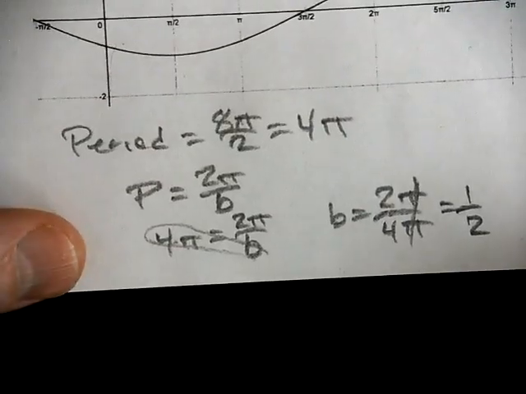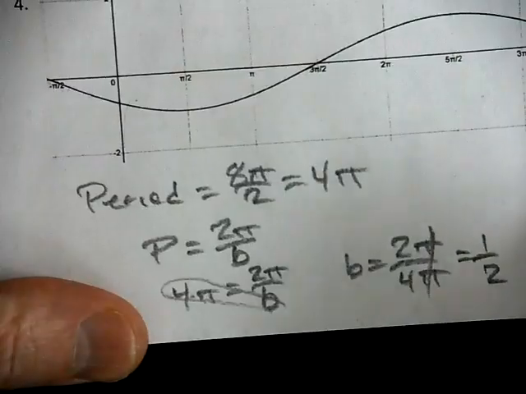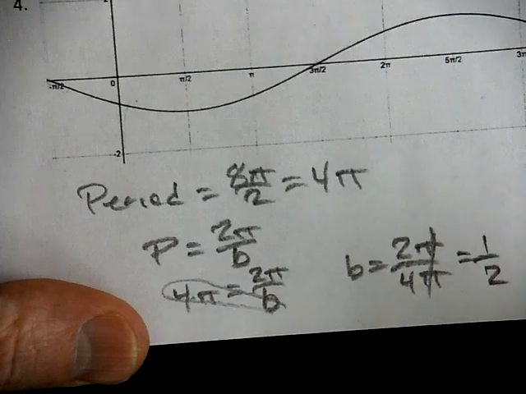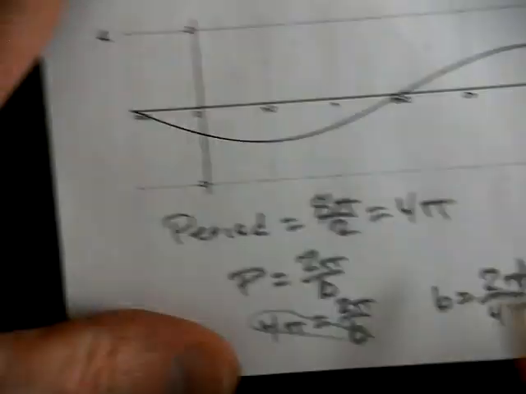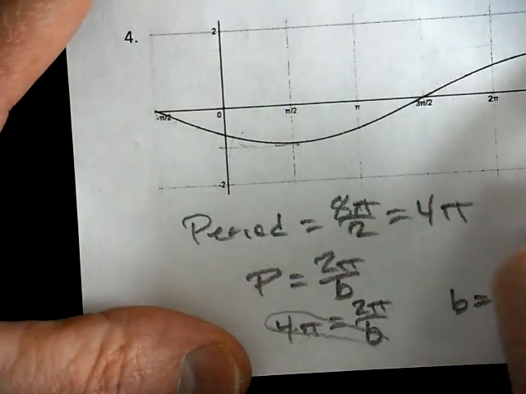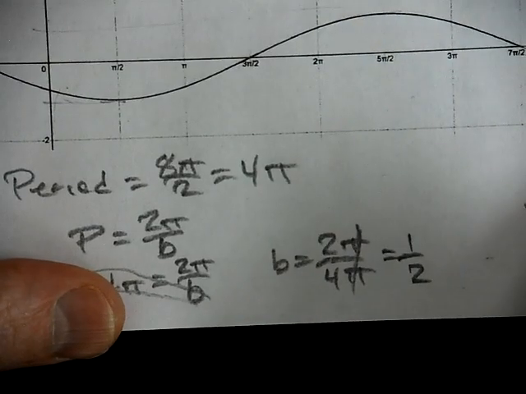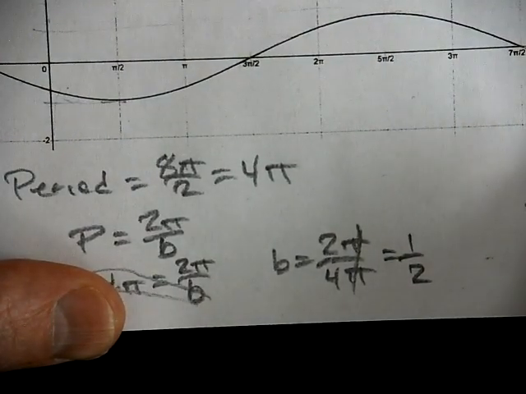So what I see in terms of an equation, I see a sine graph that is upside down. So we have a negative sine graph. It does look like it's coming down to 1, which is half of the 2, so that's not moving. So there's no amplitude other than the 1.